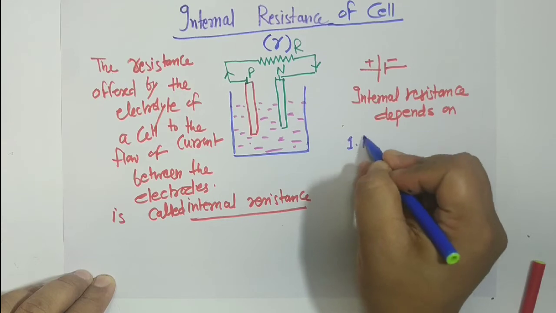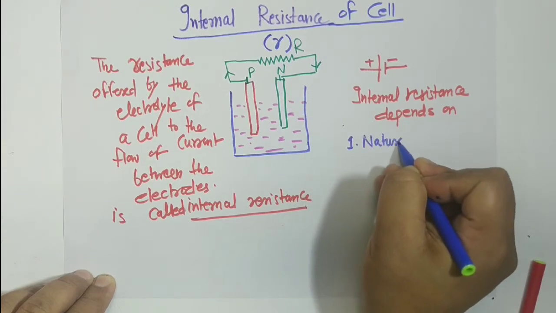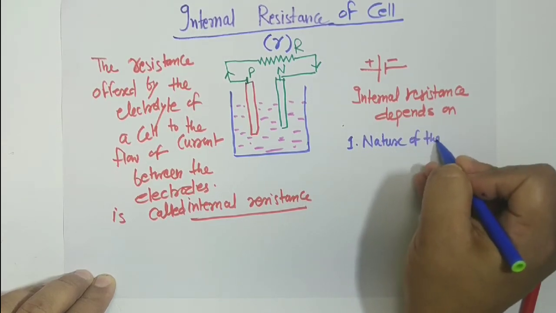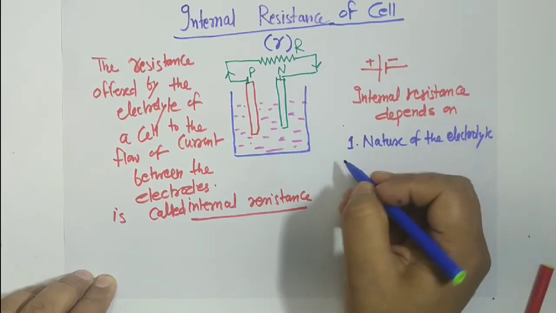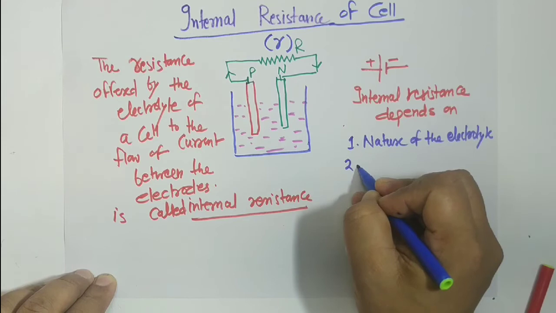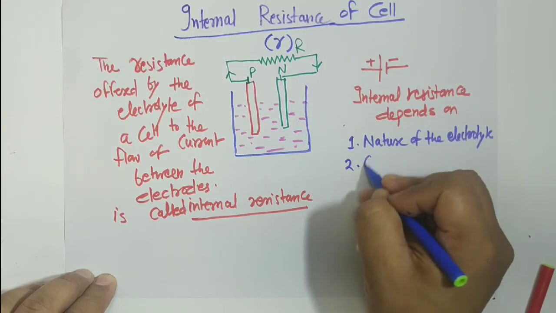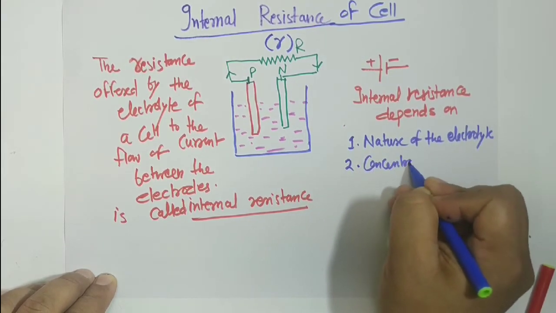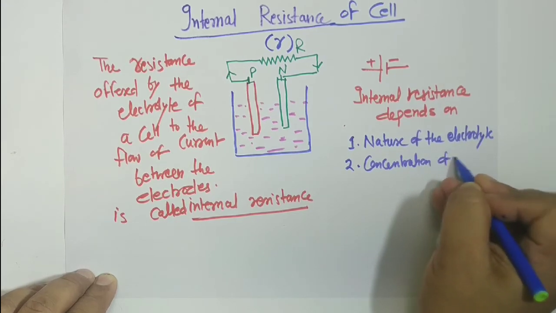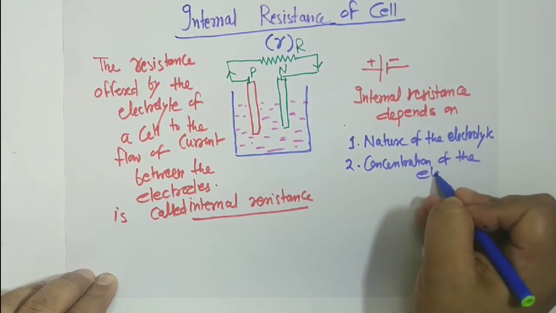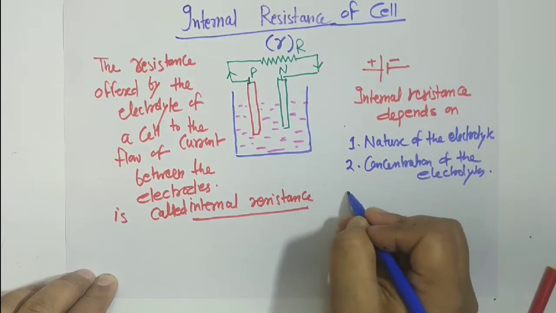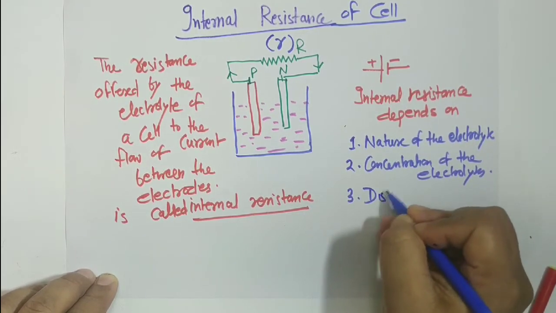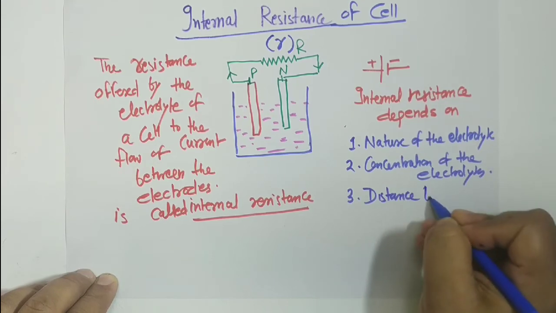Internal resistance depends on, first, the nature of the electrolyte. Second, the concentration of the electrolytes. Third, the distance between the electrodes.